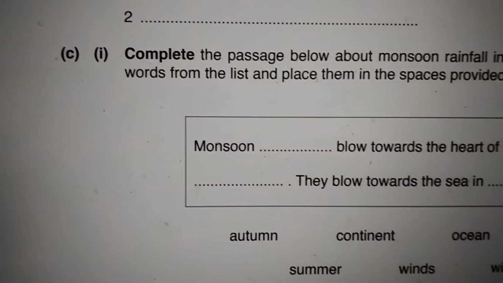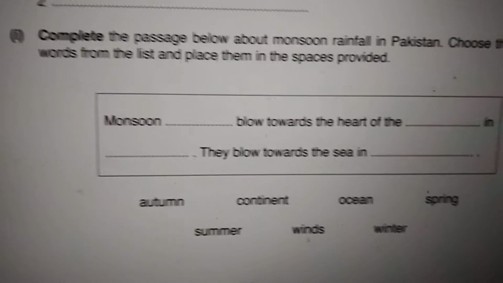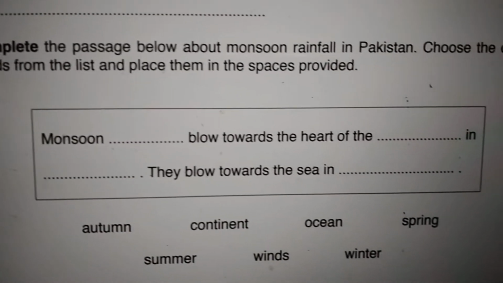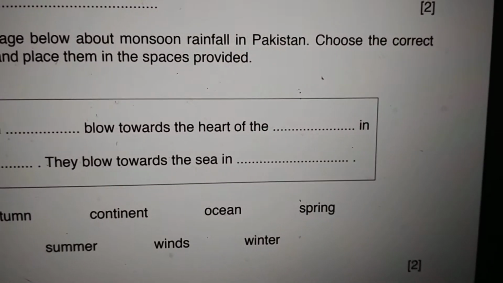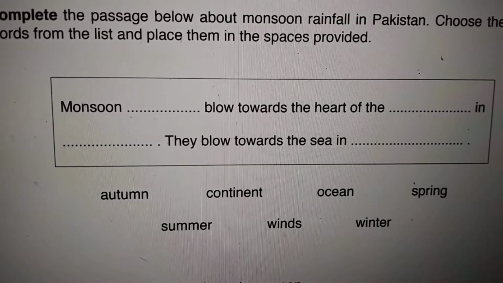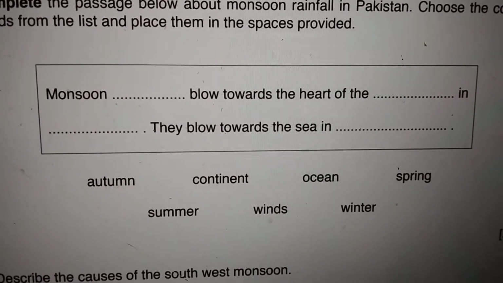Now we are going to look at C, part 1. It's quite a beautiful question which they have made. Complete the passage below about the monsoon rainfall in Pakistan. Choose the correct words from the list and place them in the spaces provided.